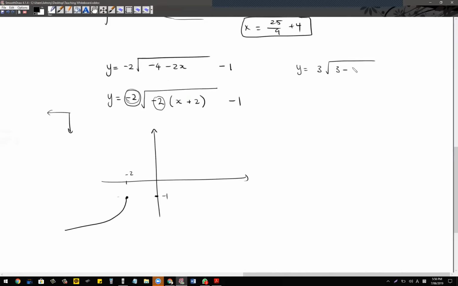Maybe 3 minus 3x, plus, let's say, plus 3. So I want you to figure it out and plot this. I'll give you some time for it.